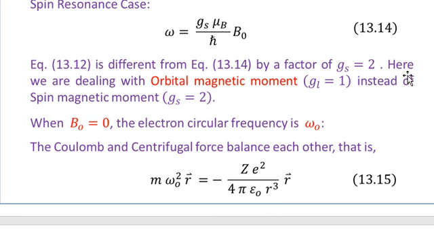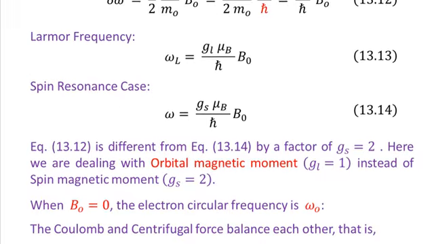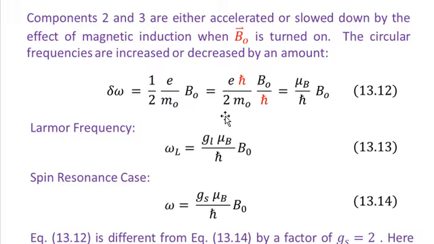Here we are dealing with the orbital magnetic moment or orbital angular momentum, for which G L is equal to 1 instead of spin magnetism, for which G s is equal to 2. Under that condition, the precessional motion of the orbital magnetic moment of the electron around the magnetic field is the same as the shift in the frequencies of those shifted components.